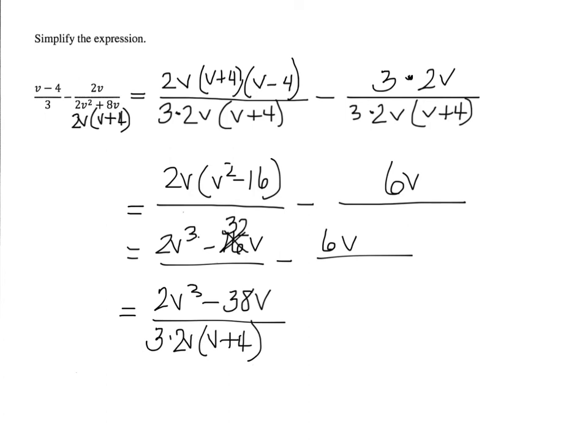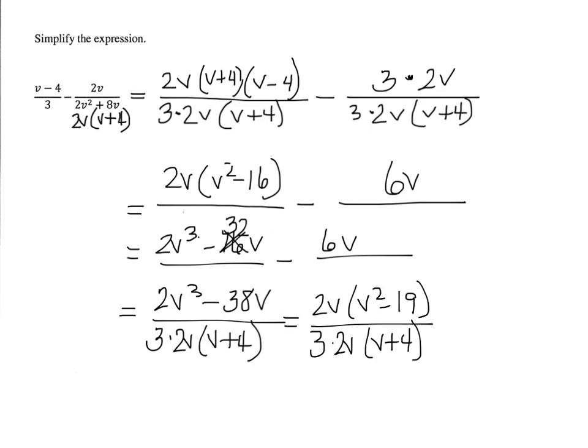Factor out the numerator. What does this have in common? A 2v. Factor that GCF out, you get 2v times v squared minus 19 over 3 times 2v times v plus 4, and now you can reduce it. What can you reduce? Well, there's a v on both numerator and denominator.